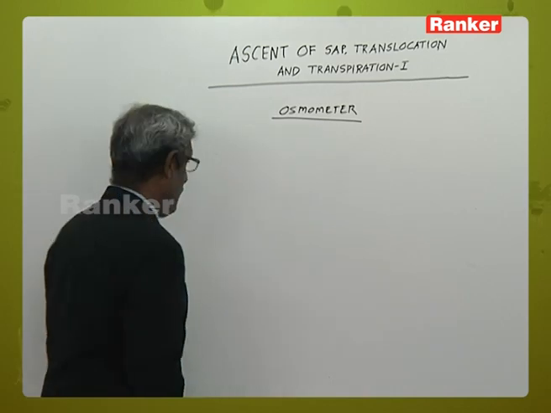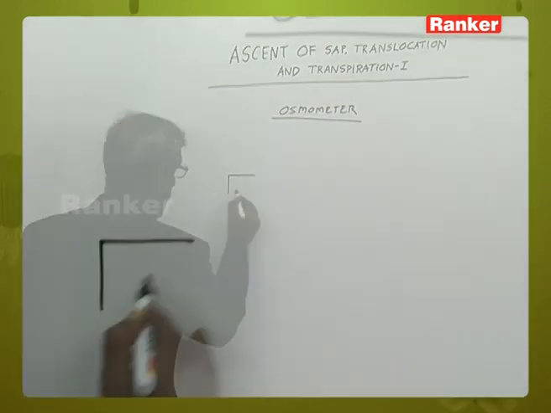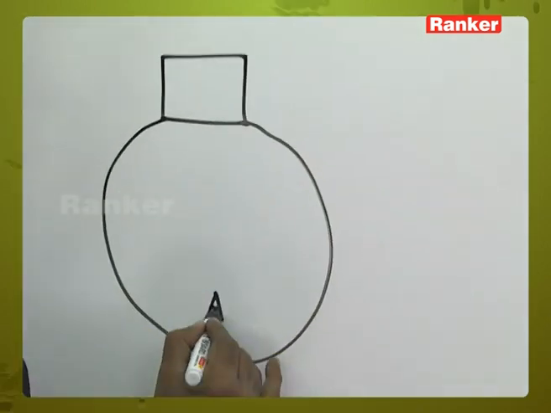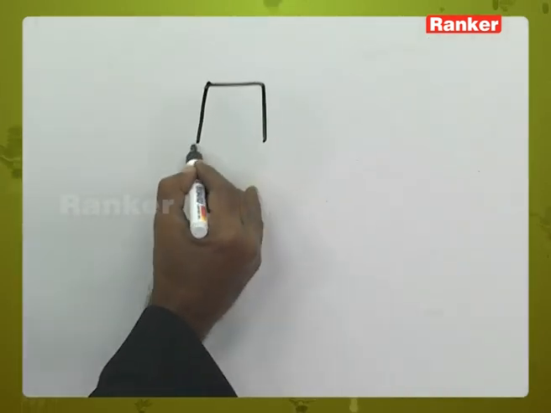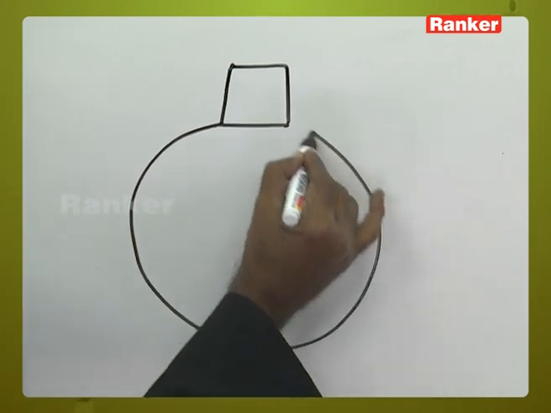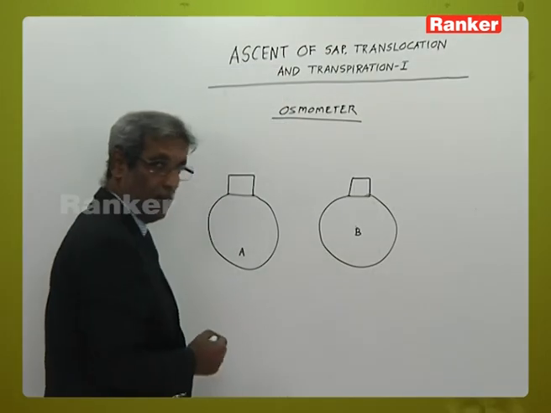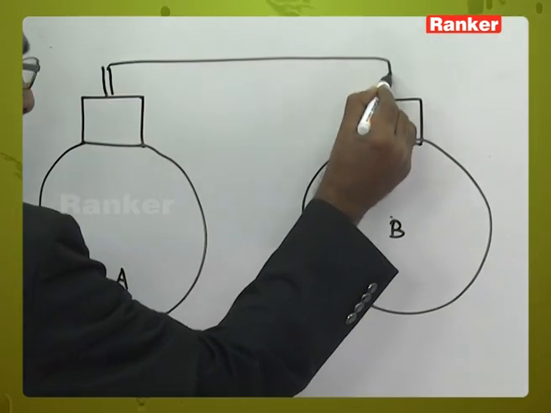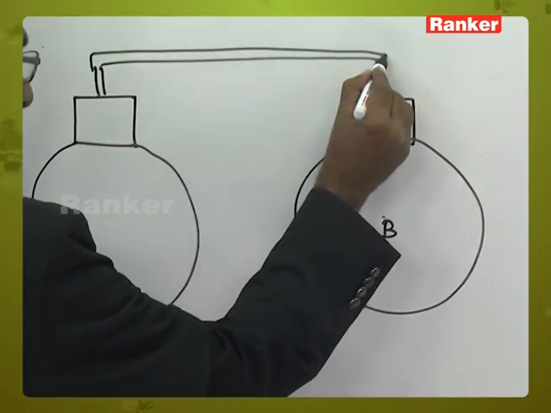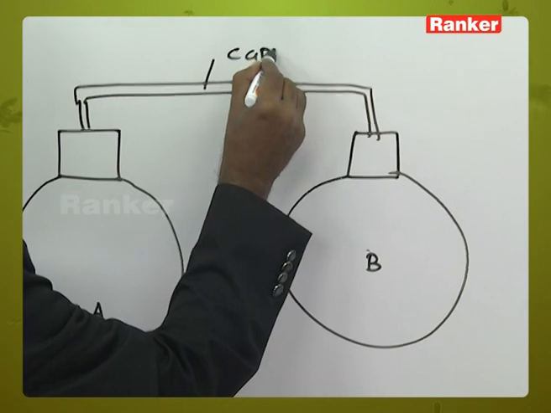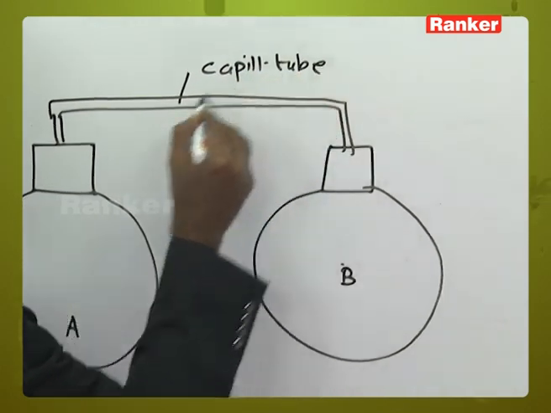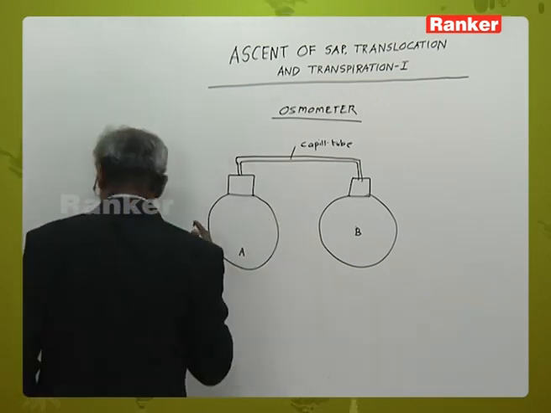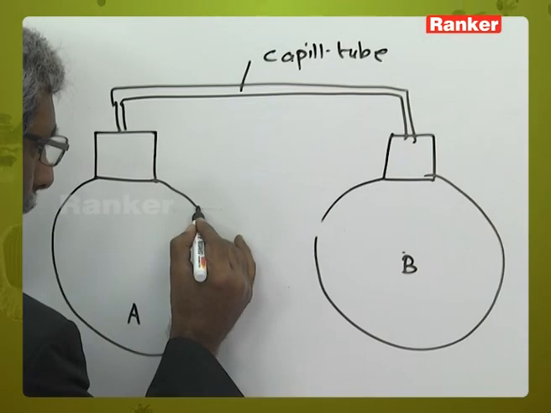In an osmometer, we have a flask A and we also have a flask B. Now, flasks A and B are attached by means of an upper capillary tube. This is a capillary tube. Then, in addition to this, both of them are connected laterally by a lower rubber tube.